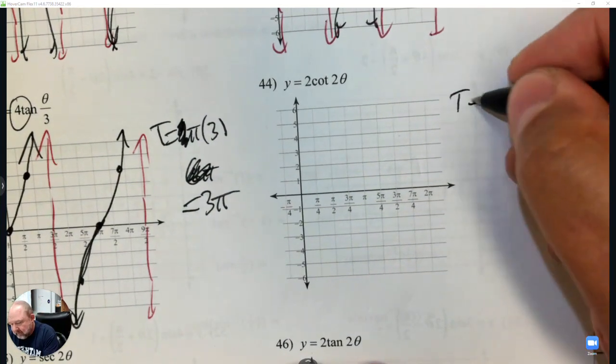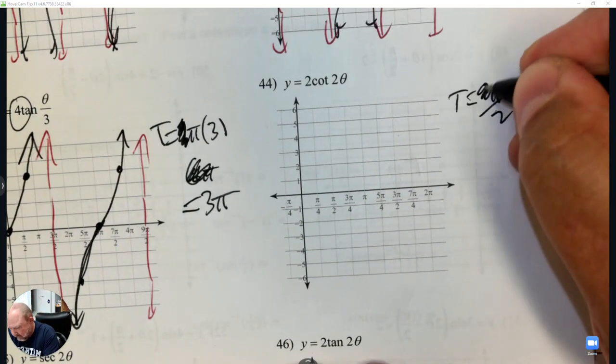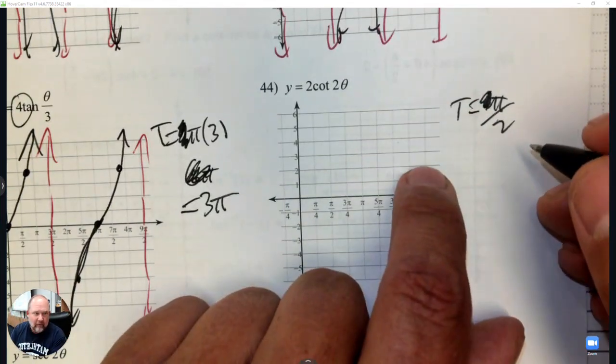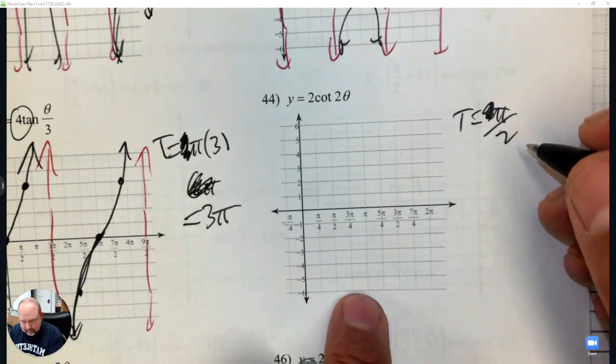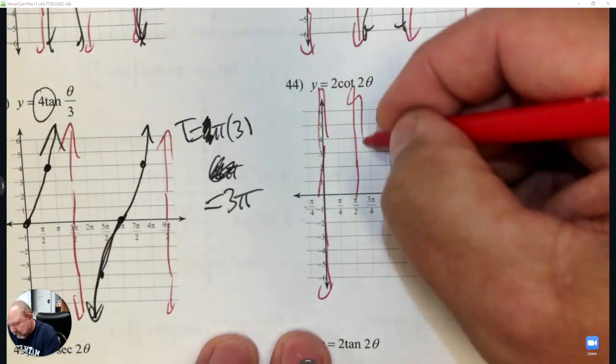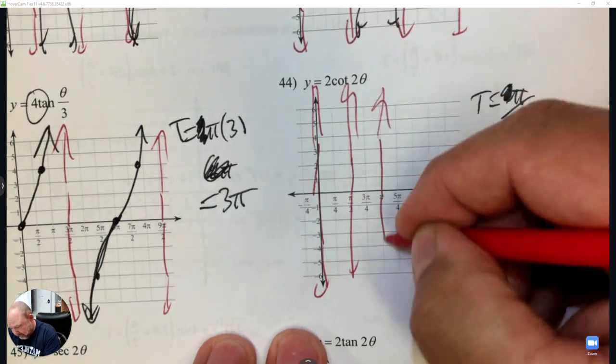Cotangent, again, the period is 2 pi divided by 2 pi. It's pi divided by 2. Tangent and cotangent start with pi. They're the only ones that do that. Pi over 2. Cotangent starts with an asymptote. And so at pi over 2 is an asymptote, and then every other is 1. So there's the pattern.